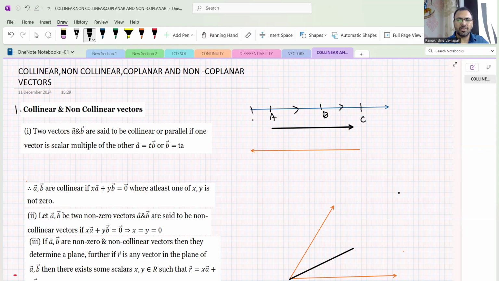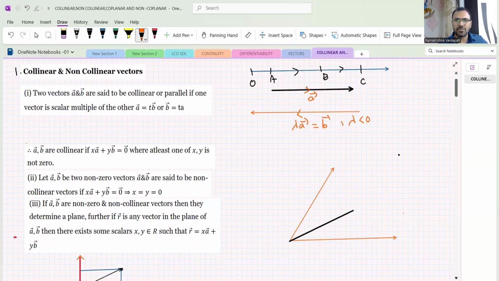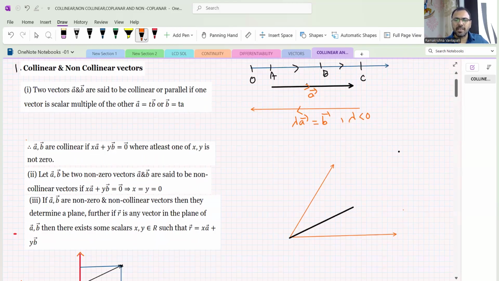Assume this is the origin, this is A bar vector, and this is lambda A bar vector, which is equal to B bar vector. Here lambda is negative as the direction is opposite. So remember, two vectors are collinear if one is the scalar multiple of the other.